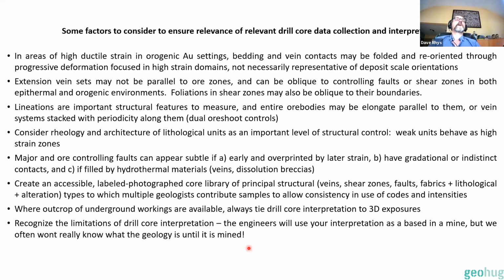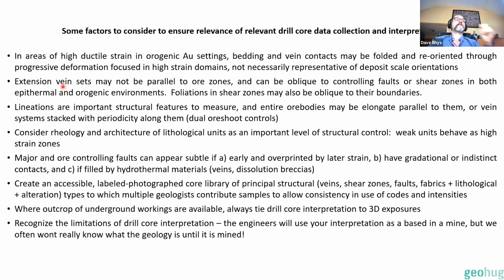And in areas of ductile strain and orogenic settings, bedding and vein contacts all may be folded and reoriented by progressive deformation. So don't necessarily use them as indicators of paleo stress orientations or necessarily of orientations at the deposit scale if they've been rotated or are en echelon and stepping.